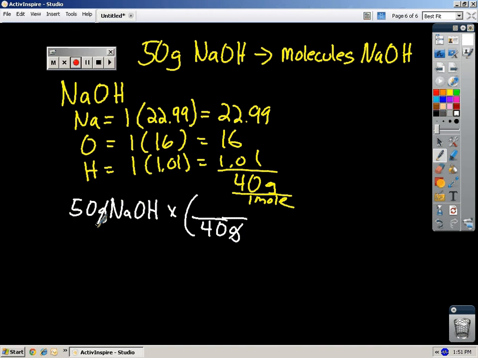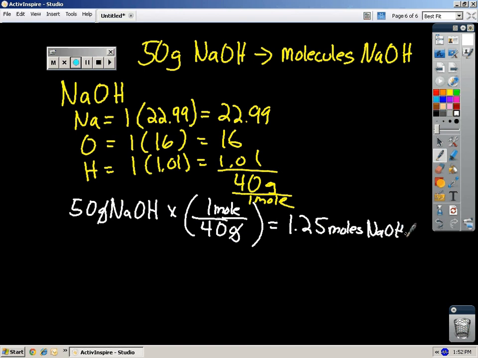Now, in terms of moles, what does 40 grams equal? 1 mole. There's our conversion. 40 grams equal 1 mole. These cancel out. I'm left with moles. If I were to take 50 divided by 40, what do you get for an answer? 1.25. Thank you. You then get 1.25 moles of NaOH.